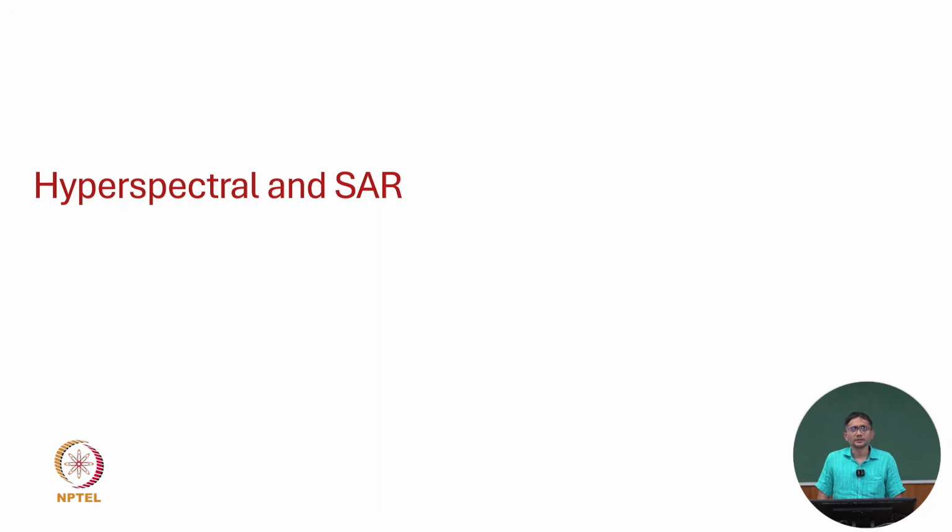In today's lecture, we are going to talk about hyperspectral images and synthetic aperture radar images. Previously, in the first week, we introduced Earth observation. We have talked about different acquisition platforms.